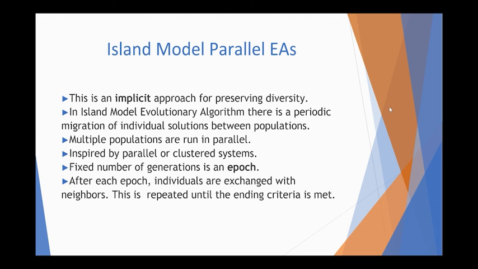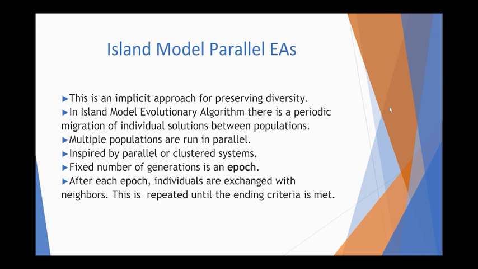Next, let us discuss the island model parallel evolutionary algorithms, which is an implicit approach for preserving diversity. In island model EA, there is a periodic migration of individual solutions between populations. Multiple populations are run in parallel. This is inspired by parallel or clustered systems.